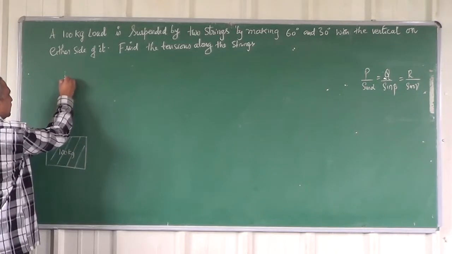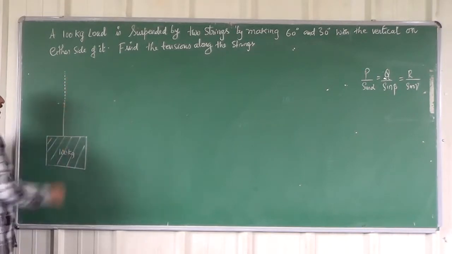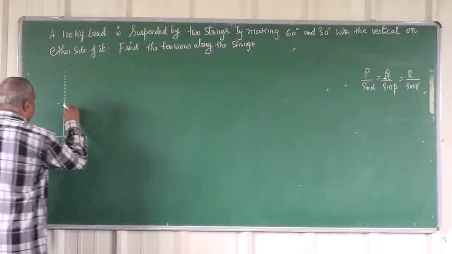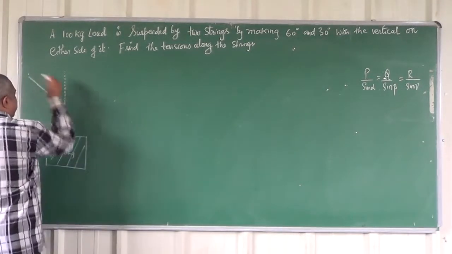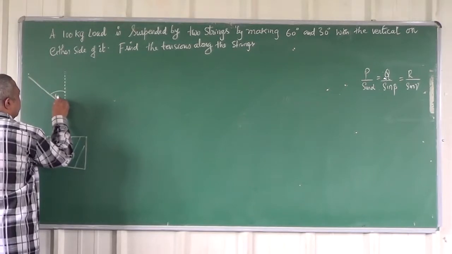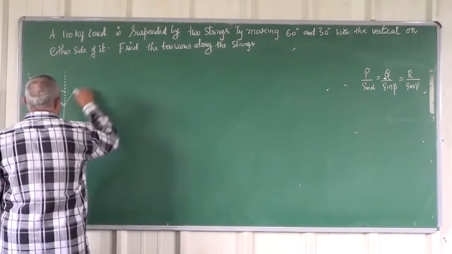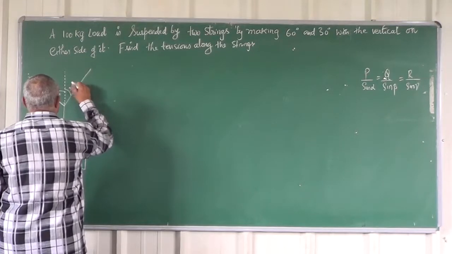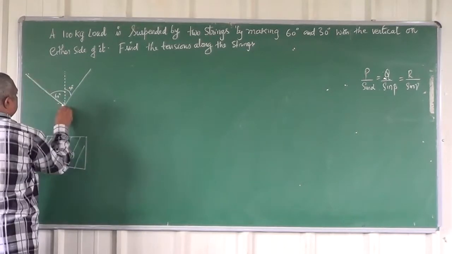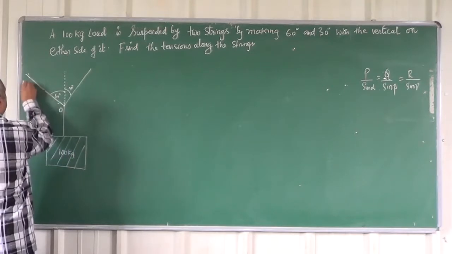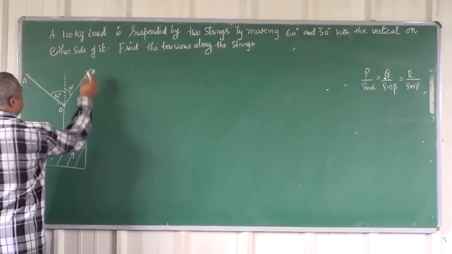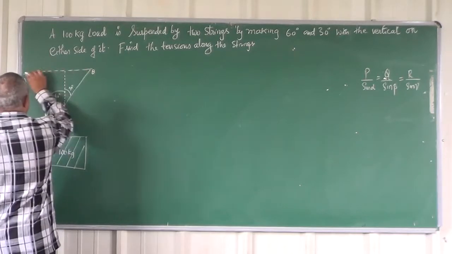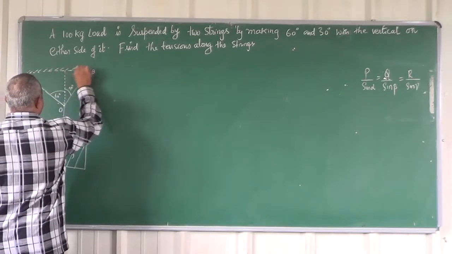A straight line along the y-axis is always vertical. So this is O, this is A, this is B. This is how it is suspended.